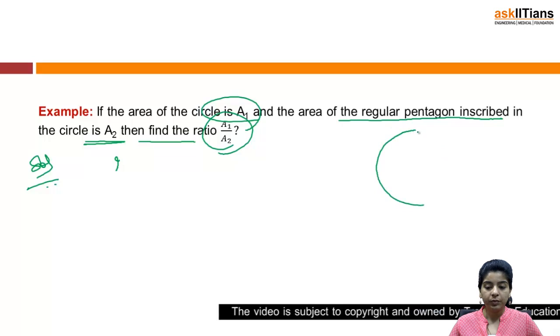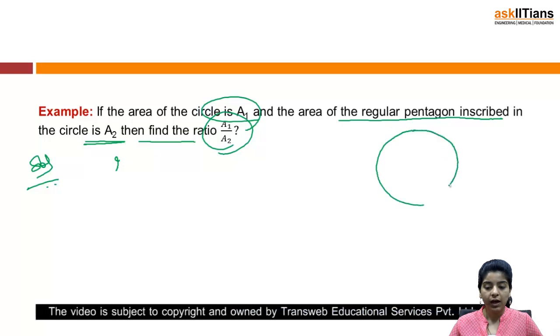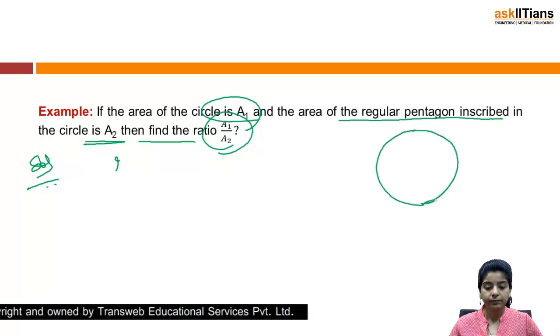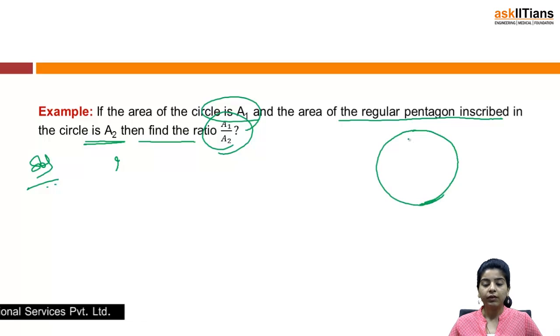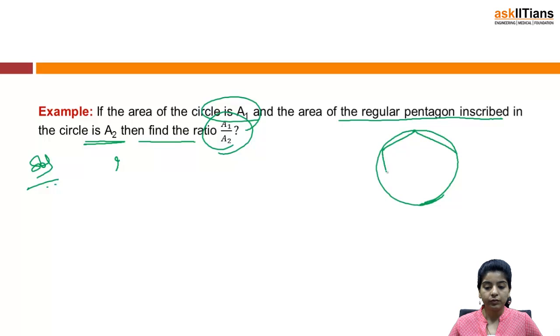So the figure would be somewhat like this. We'll have a circle, and we have a pentagon inscribed in this circle. So the pentagon would be somewhat like this, right?